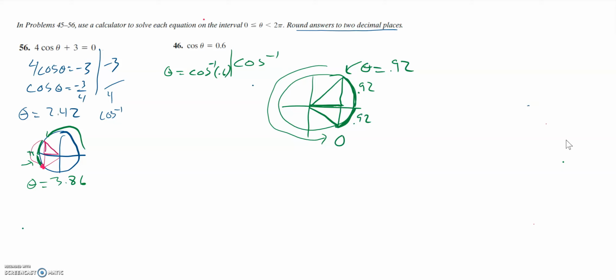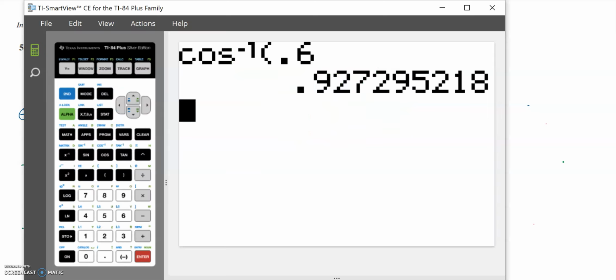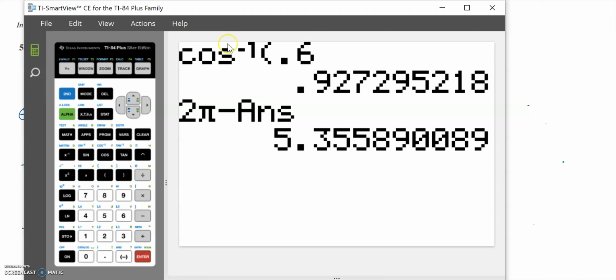So the theta answer there, that's between 0 and 2 pi, will be where it finishes 2 pi, and then we're going to have to subtract the 0.92 to get that one. So 2 pi minus my previous answer again, which looking at it now would be rounded to 0.93. And there's our other answer.